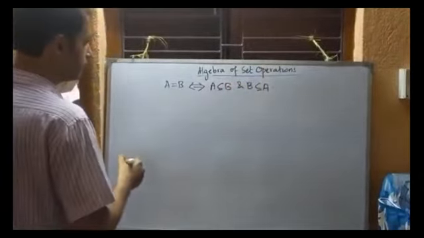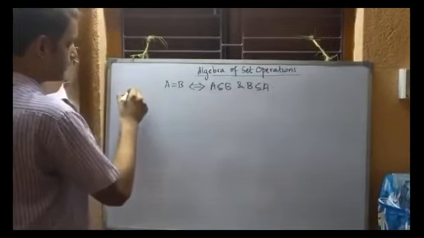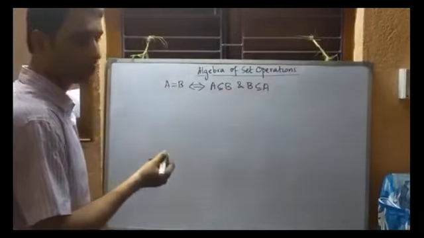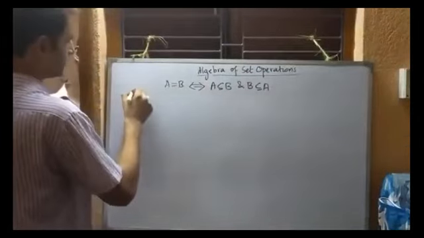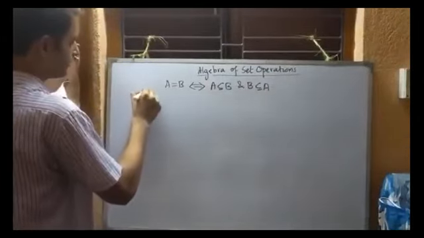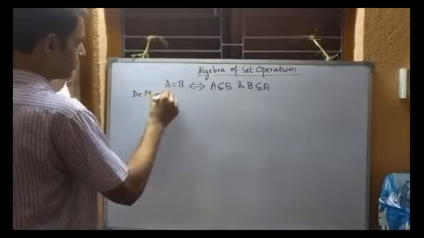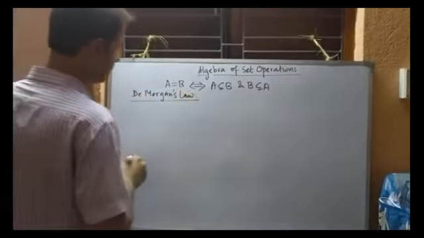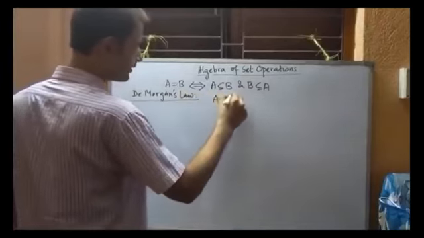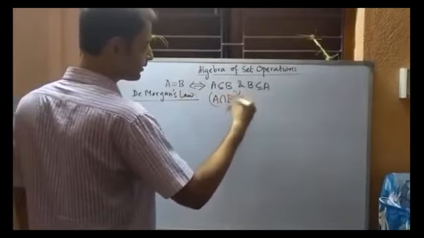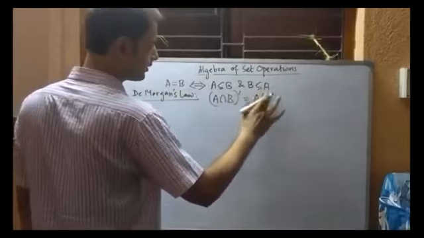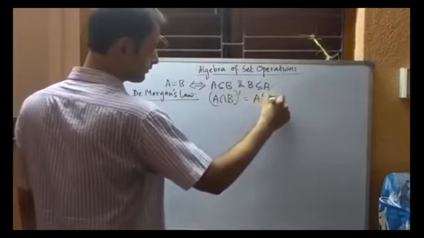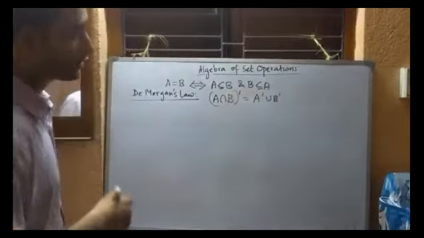So let me prove the second statement of De Morgan's law by this. Let me write it again, De Morgan's law. It says that the complement of the intersection will give the union of the complements. It was the second statement.